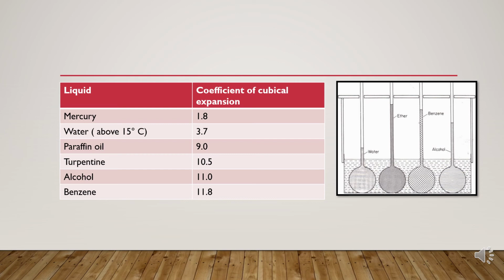So this way the value has been increasing. And the last one is benzene. Benzene has the maximum value out of all the substances. The value of coefficient of cubical expansion is 11.8. So that means if you make a comparison between all the substances, you will see that benzene will show the maximum expansion out of all the liquids.